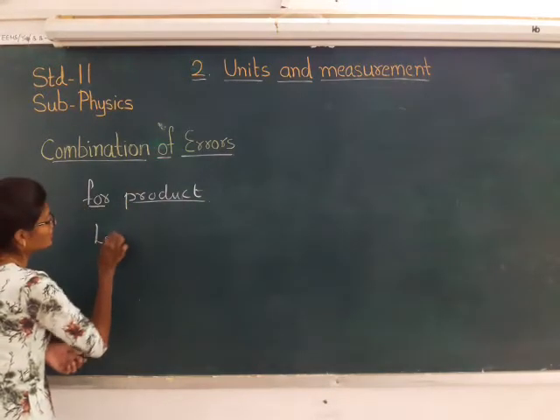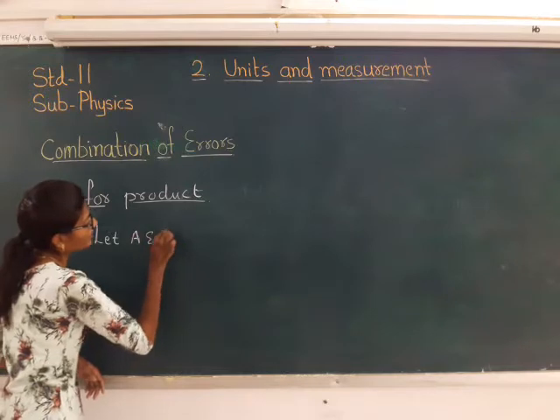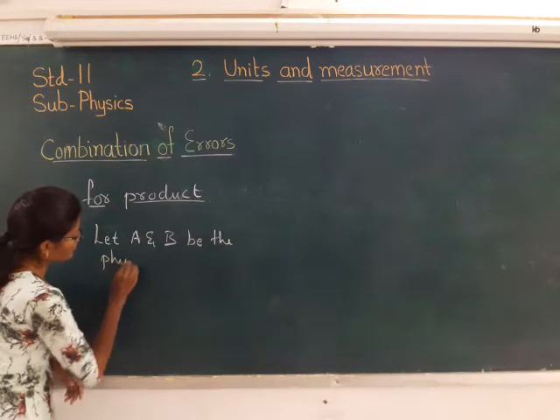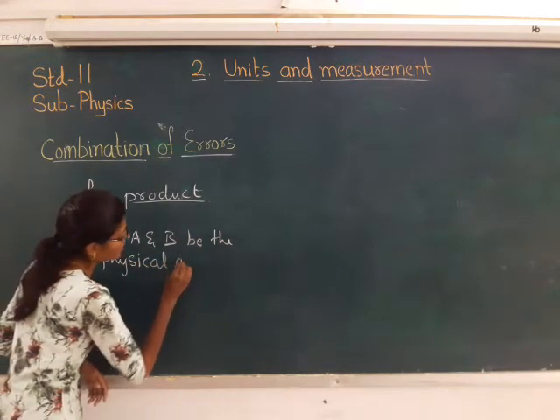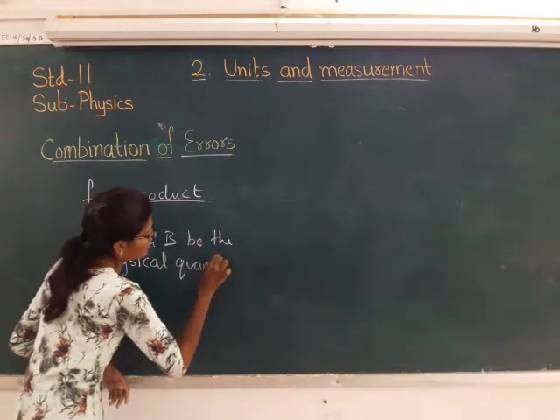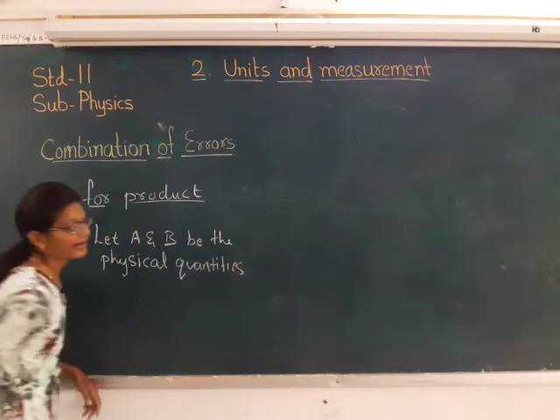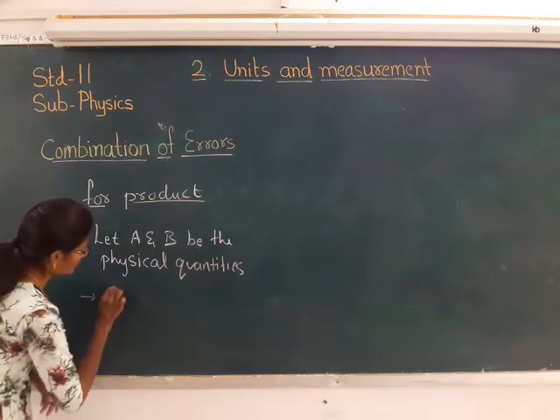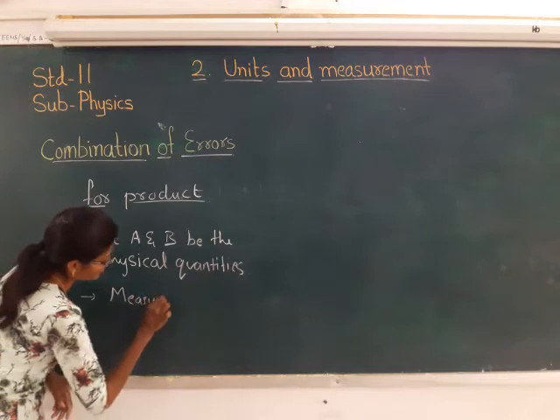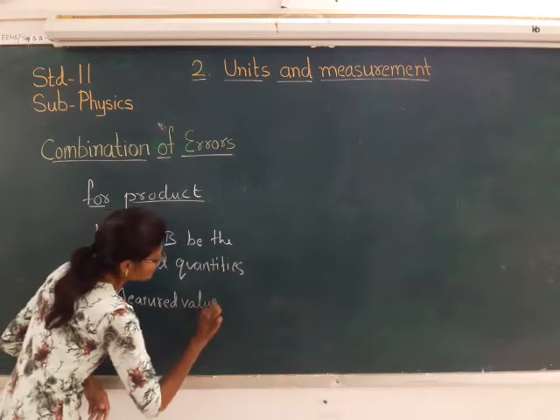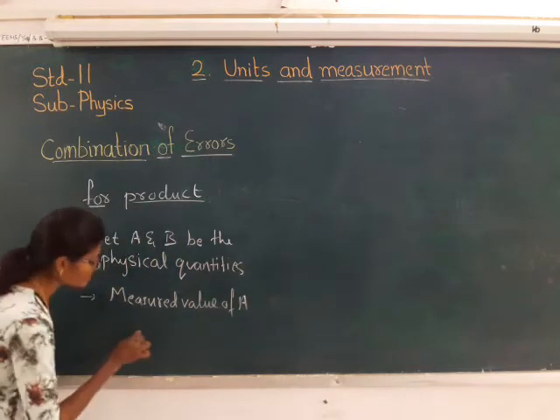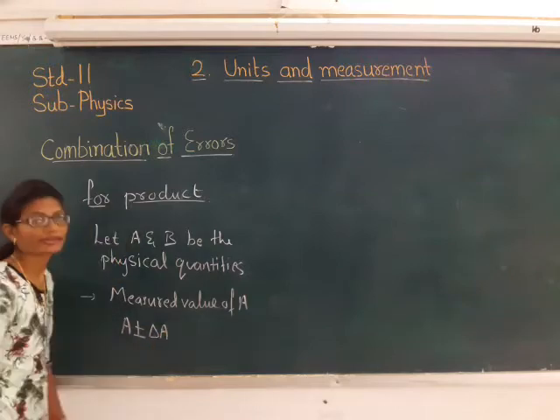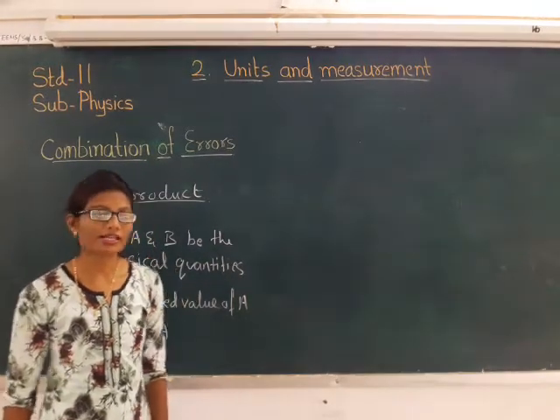So let A and B be the physical quantities, and the measured value of A can be represented as A plus minus delta A, where delta A is the error in A.